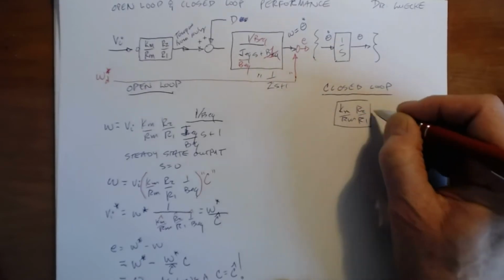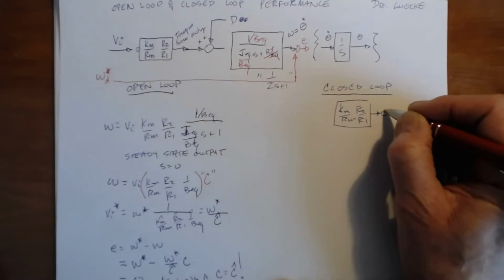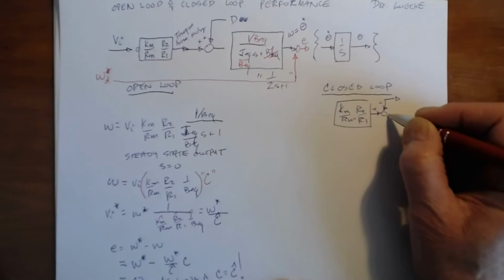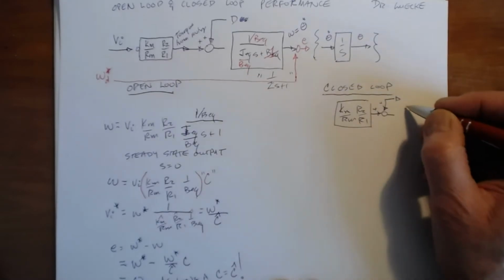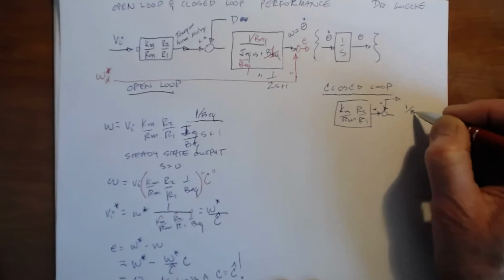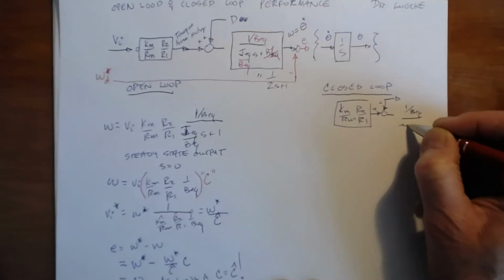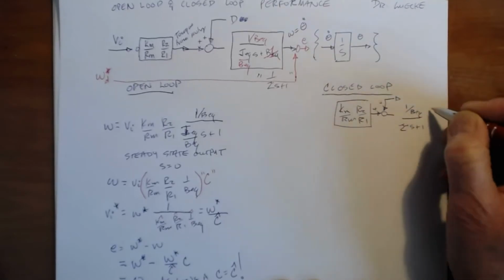For right now, I'd like to leave this disturbance force in here, even though we're going to ignore it in just 1 second. And this is going to be 1 over B equivalent divided by tau S plus 1.